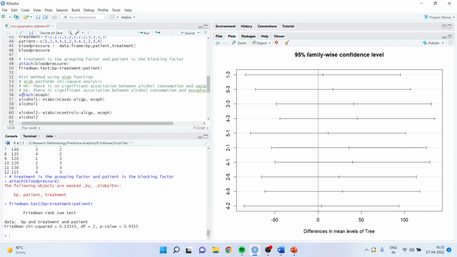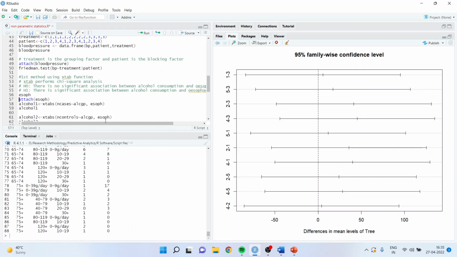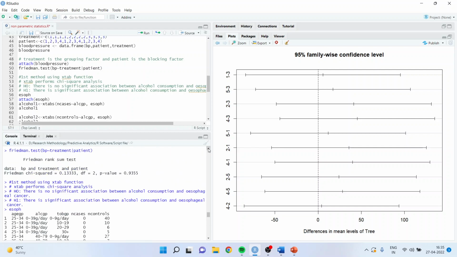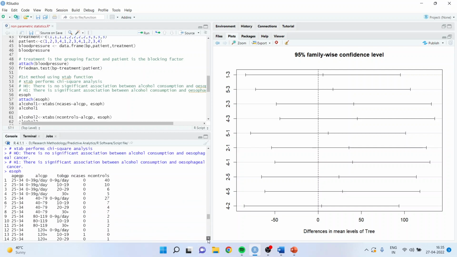First of all, we will have to see the data file. This data file is already available in the default data frames of R. The name of the data file is esoph, that is esophagus cancer. They have collected the data according to age group, alcohol consumption, tobacco consumption, number of cases, and controls.